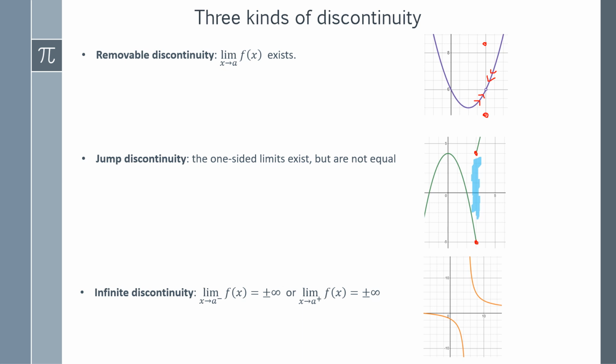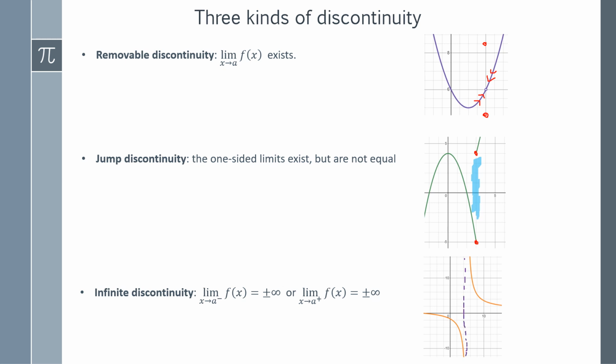So what about one more? This is what we're going to refer to as infinite discontinuity. You can think about having vertical asymptotes, right? Whenever we have a vertical asymptote, the limit of our function as we're approaching that value of a, either from the left or the right, could be either positive or negative infinity. So this is asymptotic behavior around a vertical asymptote. So in this case, what would be the line over here, somewhere here?